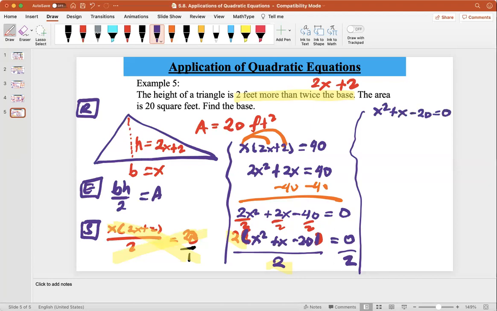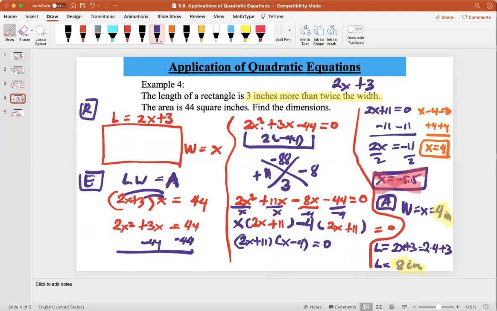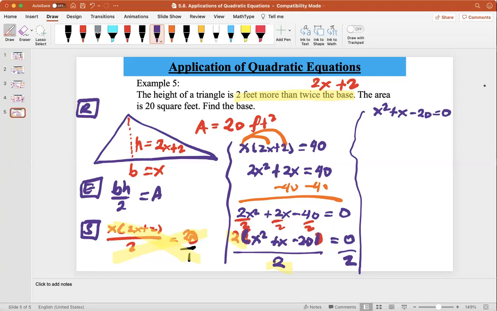You do this if you can factor out a GCF. If there's no GCF for the three terms, you can do the AC method. We're lucky we have a GCF here.